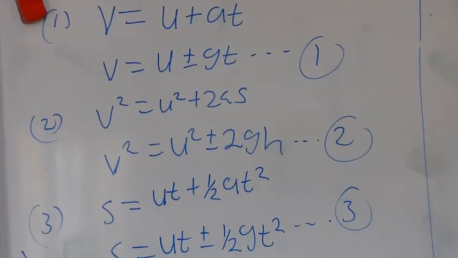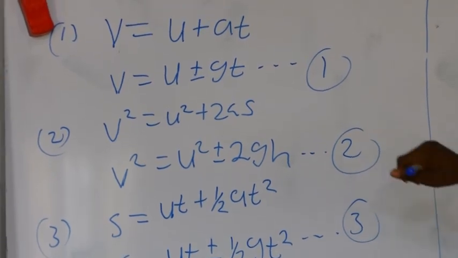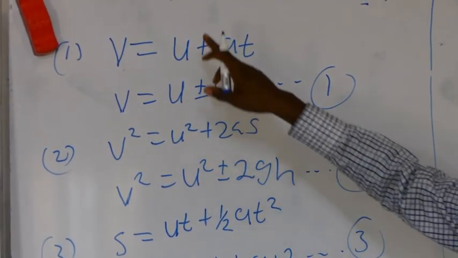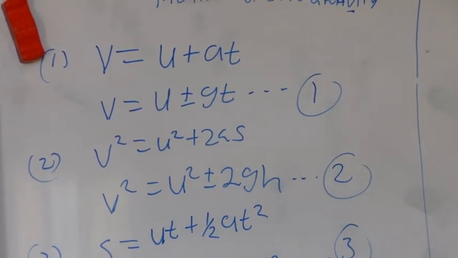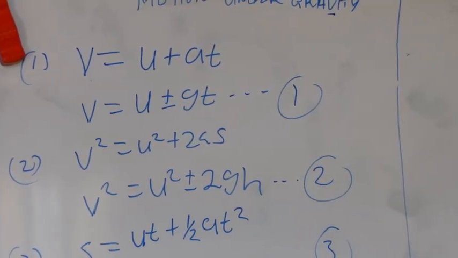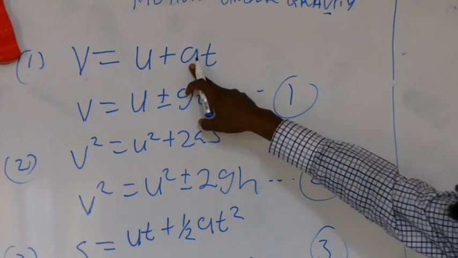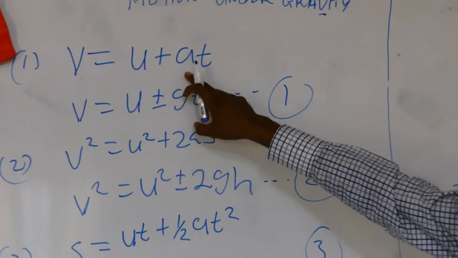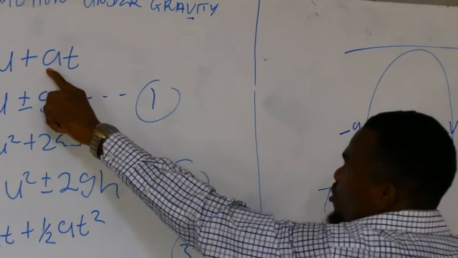Remember I said the equation of motion under gravity is derived from the equation of linear motion. Remember that this is the first equation of linear motion. And I told you earlier on that when you see a, you replace it with what? Ordinarily a is acceleration, but in this case, since it's under gravity, you replace it with g.